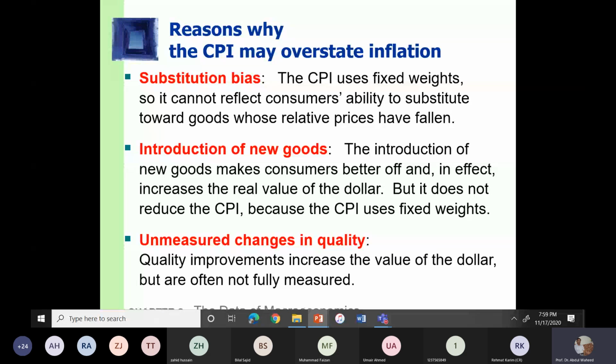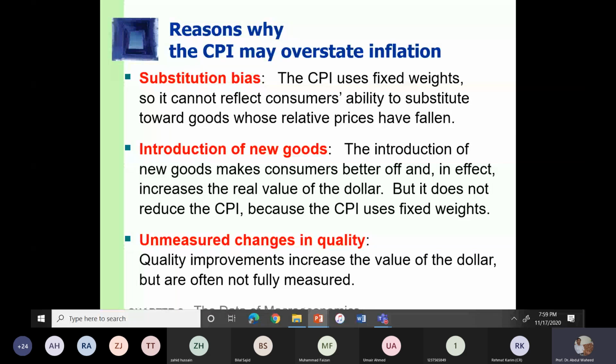Then, unmeasured changes in quality. Sometimes quality improves, and because of this, consumers are better off. But that improvement in quality is not reflected in the consumer price index and then in inflation. So sometimes if you are using a detergent and through some technology they improve the quality of that detergent, and now using less detergent, you can get a better result or even the same result.